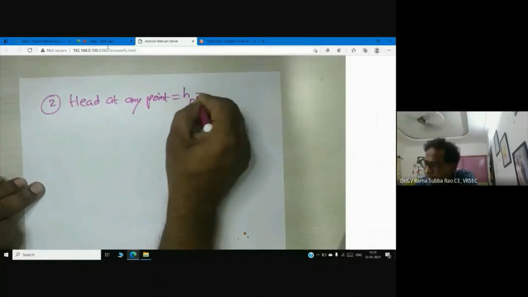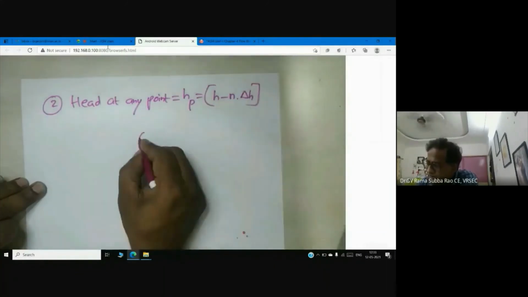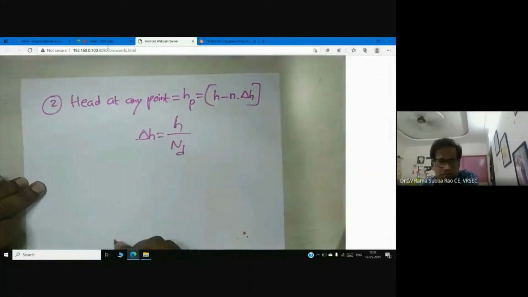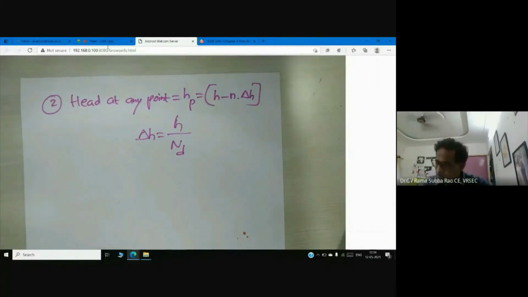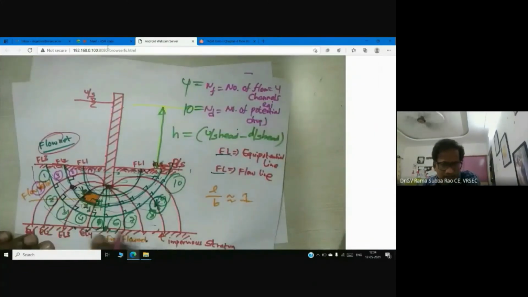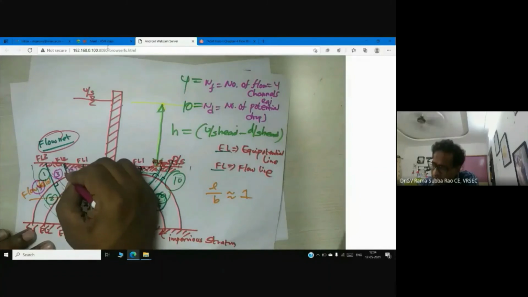You can calculate head as H minus N into delta H. Someone can ask me what is delta H? H by ND. So now, for example, we want to calculate head here. Head at this point. Can anyone say? Now, N means, can anyone say? One equipotential, two equipotential lines.